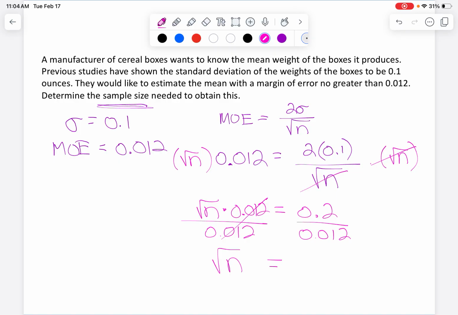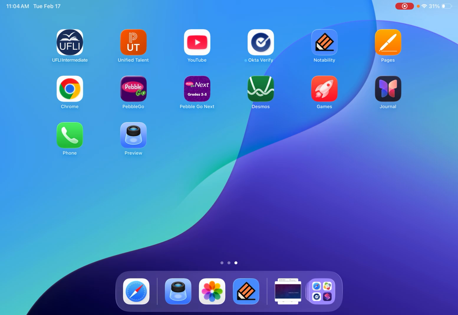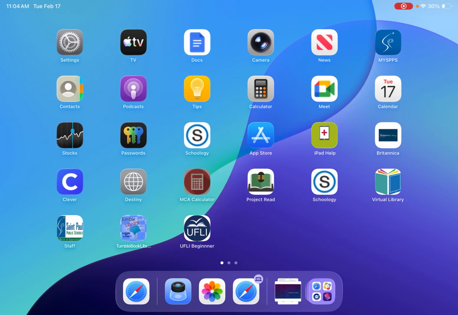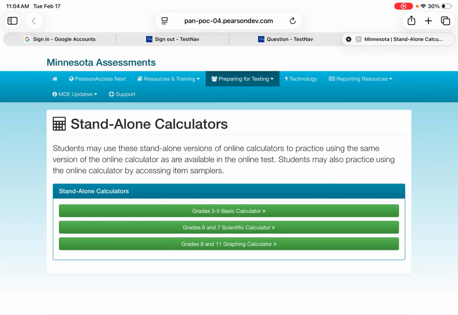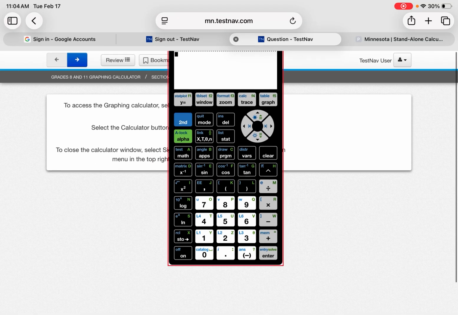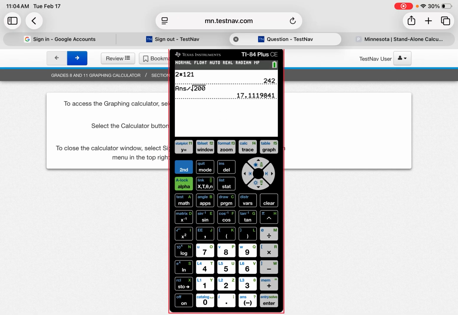Okay, so 0.2 divided by 0.012, let's see what we get. Okay, so 0.2 divided by 0.012 gives us 16.6 repeating. Now I have the square root of n is equal to that.